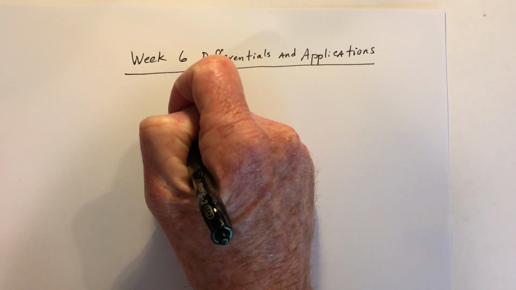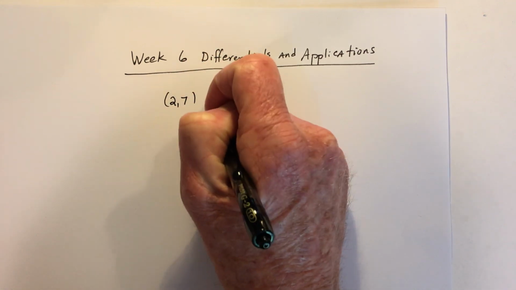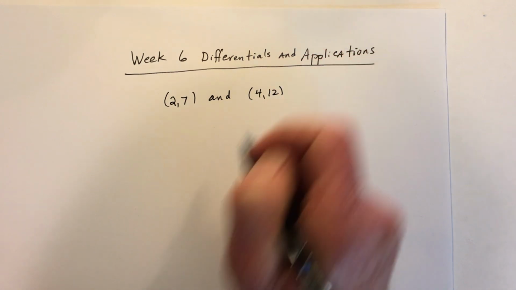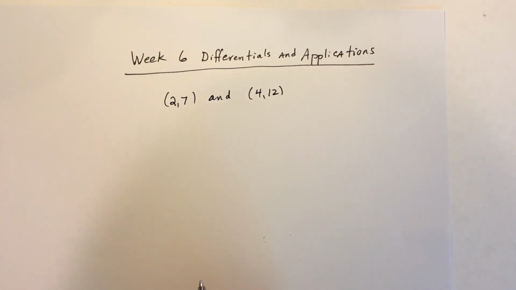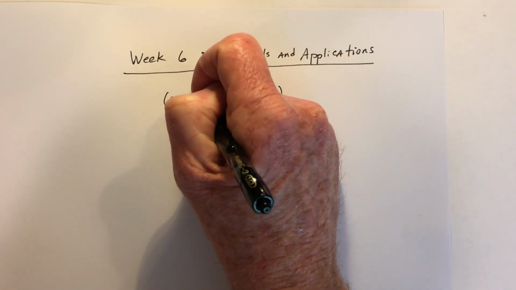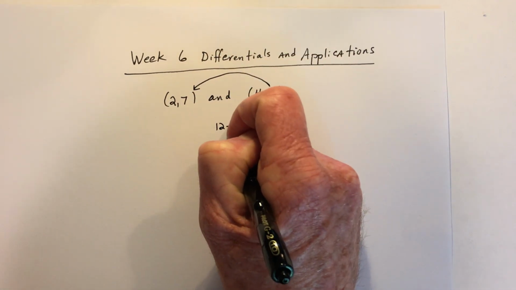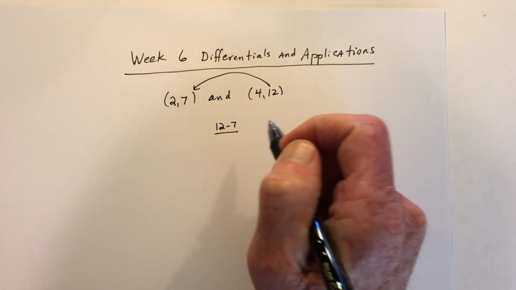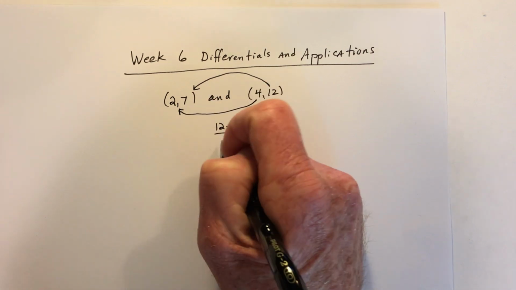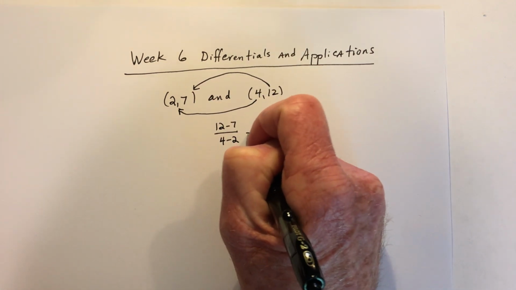So if you have points (2, 7), let's say, and (4, 12), and then find the slope. So you can find the difference of the y's, so subtract the y's. So 12 minus 7. Subtract the two x's, so that's going to be 4 minus 2.